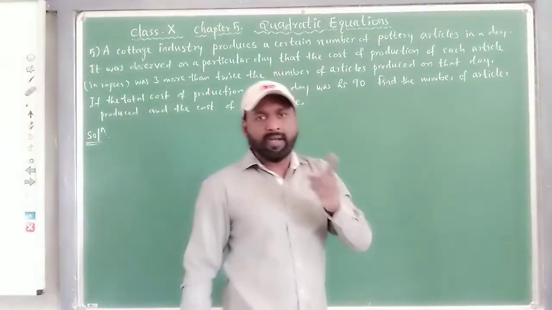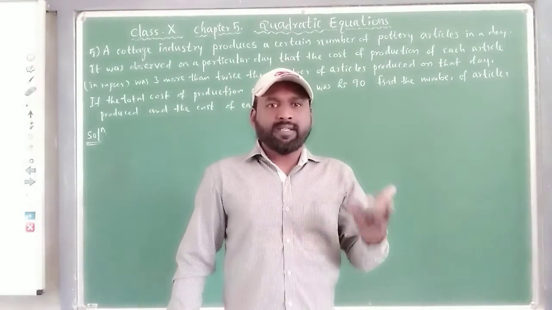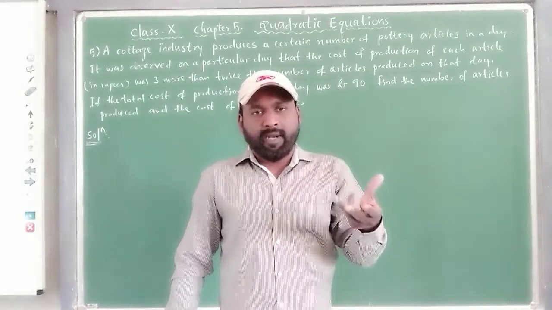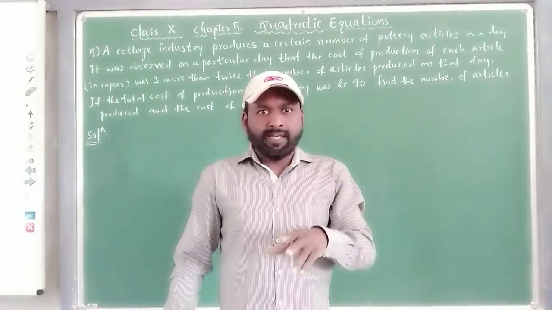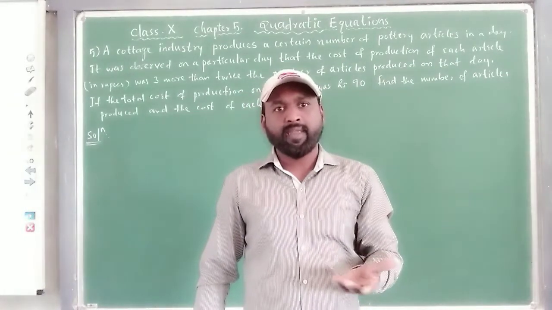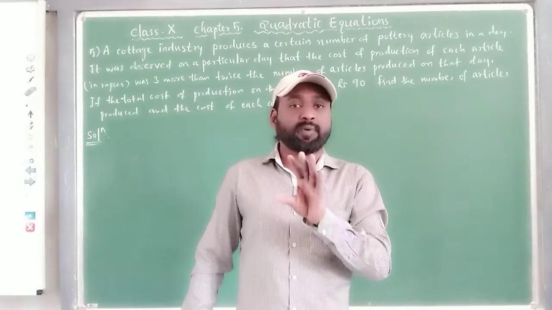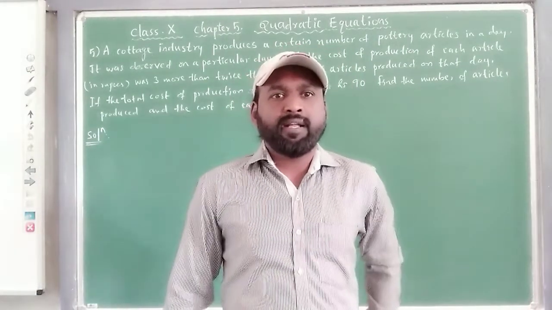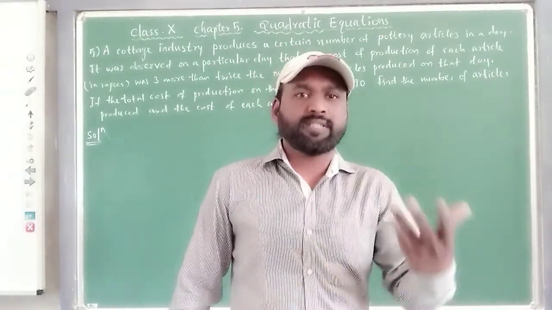That means, on a particular day, what is the cost of production? How many articles are produced on that day? The cost is twice that number plus 3. 3 rupees more than twice the number of articles produced on that day. For suppose on a particular day, 3 articles are produced.